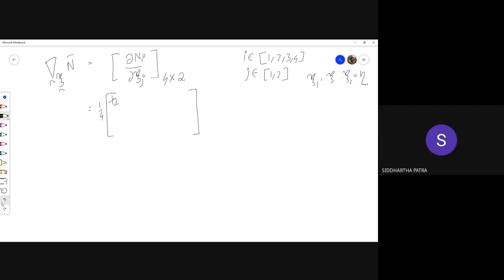Then 1 minus eta, the minus outside the bracket, 1 minus xi, 1 minus eta, minus 1 minus... then it's 1 plus eta, 1 plus xi, and minus (1 plus eta), (1 minus xi). Okay, so this is the gradient.